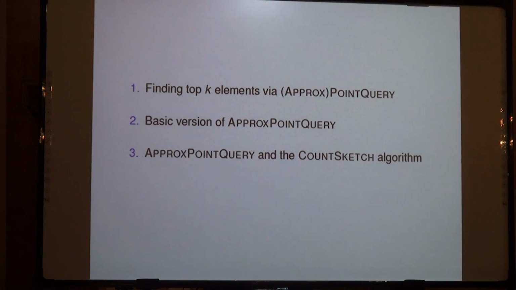Okay, so here's how we will design the solution. First I will convince you that looking at this approximate point query primitive first is a good idea. Namely, I will show that if I have a point query primitive or an approximate point query primitive, then finding the top k items is easy. Then we will design a very simple basic version of approximate point query, and then we'll design the final Count Sketch algorithm.